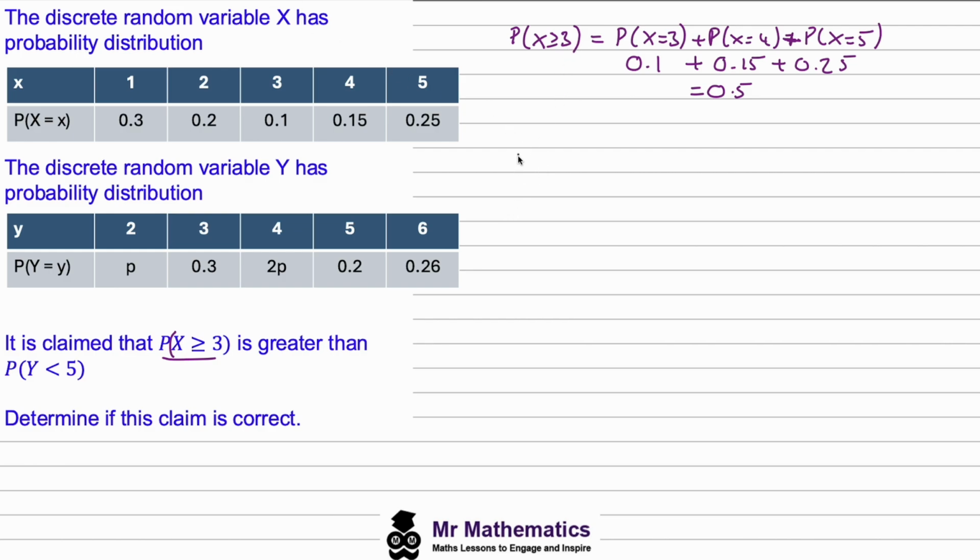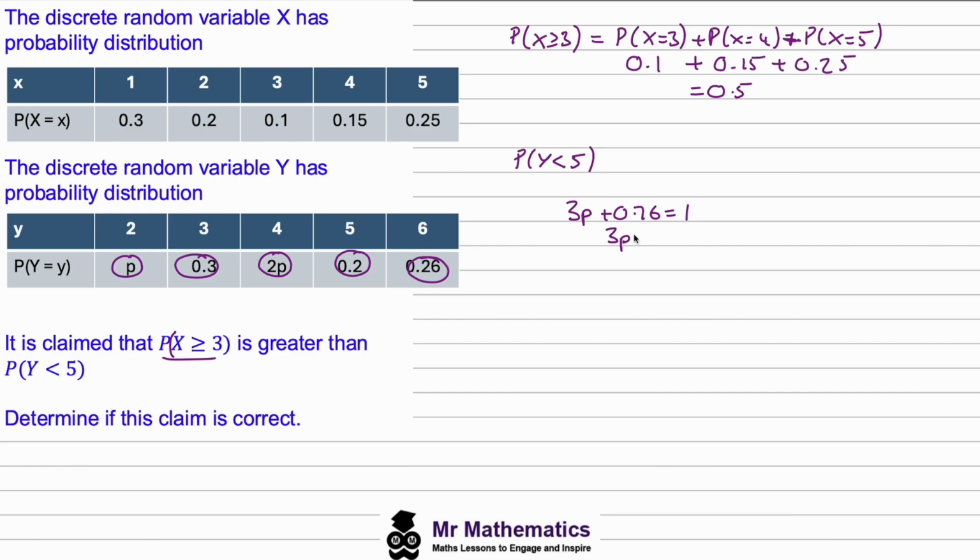And then we need to find the probability of y being less than 5. But to work this out, we need to work out the value of p. And we know that all the probabilities will add to make 1. So we've got the p, add 2p, so 3p. We can add these decimals together, and we get 0.76. And together they make 1.